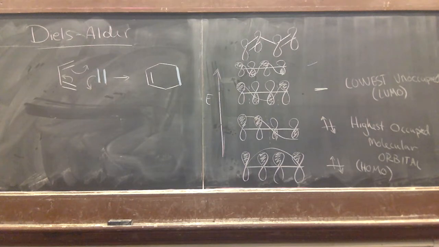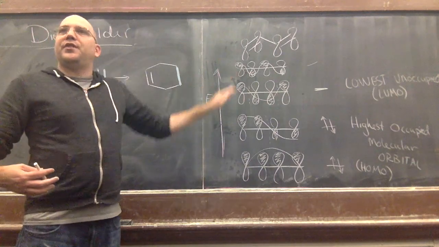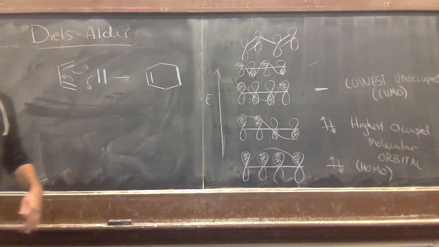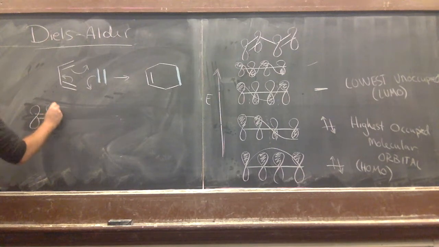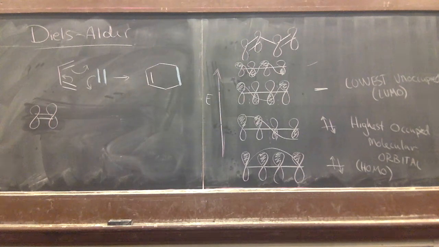So why does this work? How does this work? Well, we've just discussed the molecular orbitals of the diene. Let's discuss the molecular orbitals of just ethylene, right? Just a single double bond.